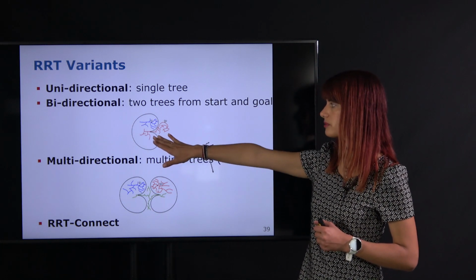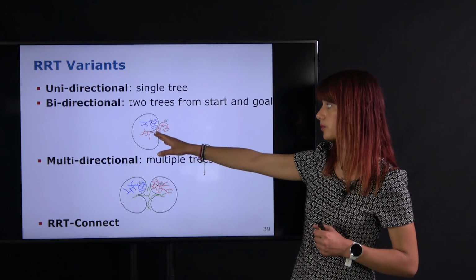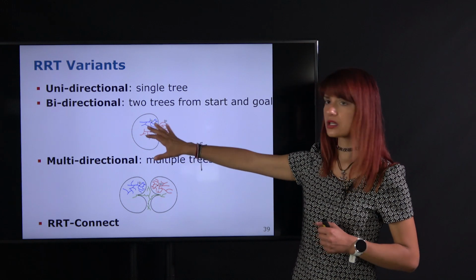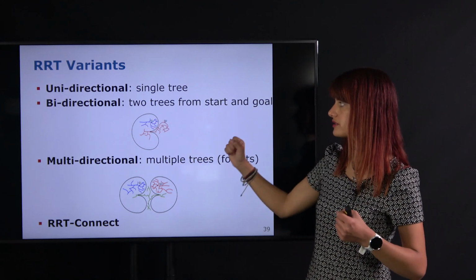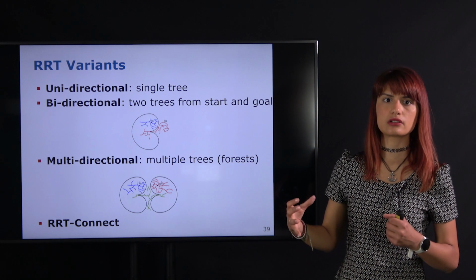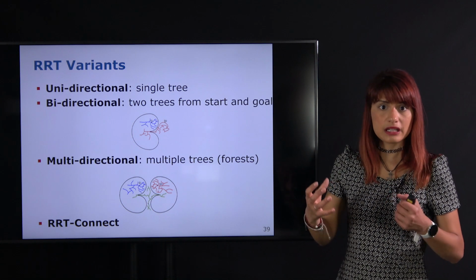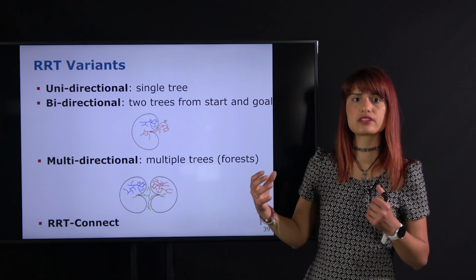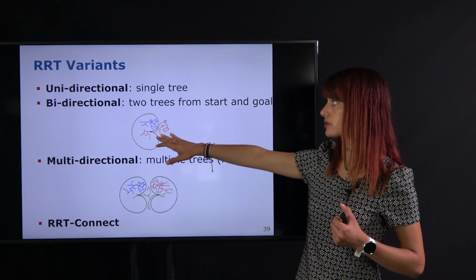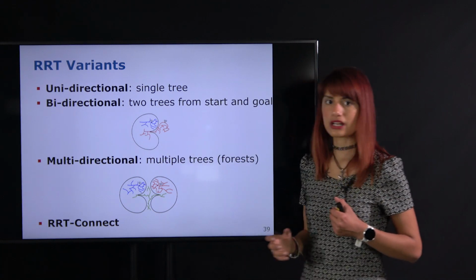This could be helpful, for example, in a very complex environment with a narrow passage, where we want to bias these two trees to search out towards each other and then connect at some point along the way. The idea is that this bidirectional search actually saves us some time, as opposed to a single tree, which is quite unlikely to make this very narrow connection.